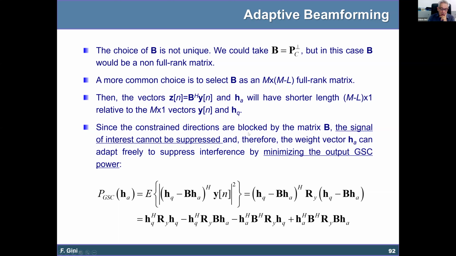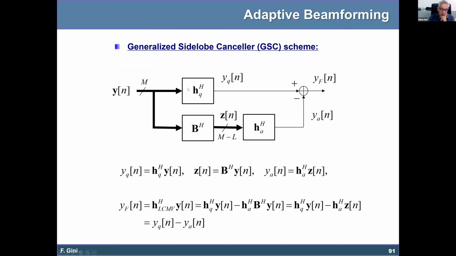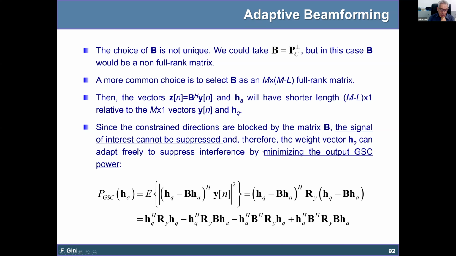Now, this beamformer here is not adaptive. The one that is adaptive is this one, but the advantage is that the size is smaller. It's not M, it is M minus L. The goodness is that since the size is smaller, we need fewer snapshots.